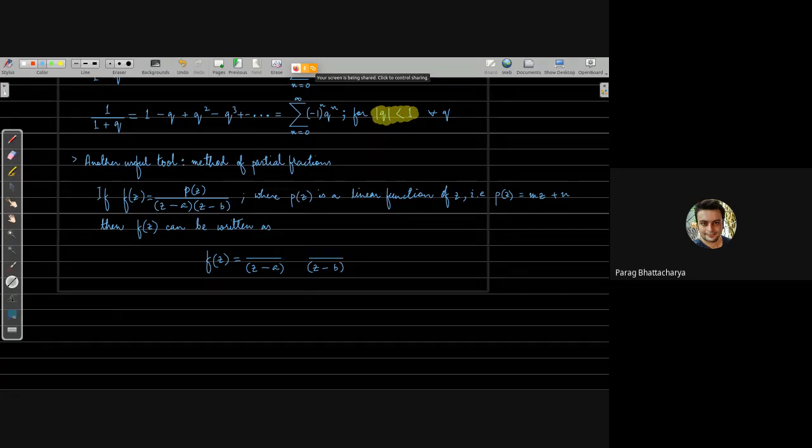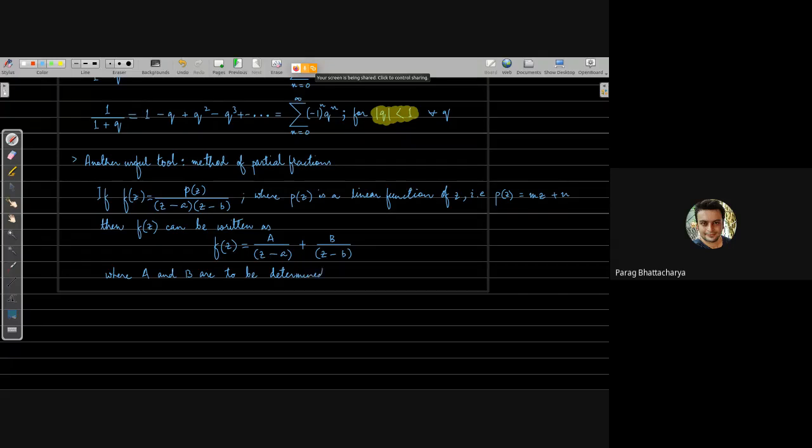In the numerator of the first we have some constant a, and in the second we have some constant b, where a and b are to be determined.